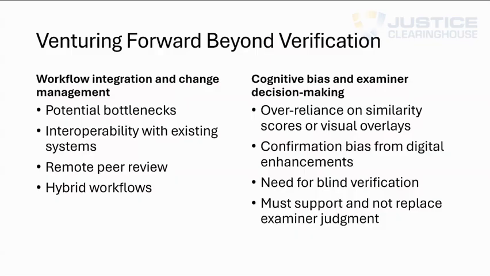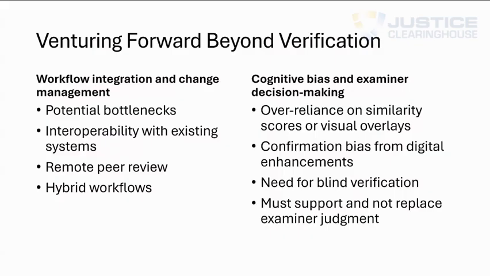There likely will be an increased need for blind verification. Of course, it's going to be easier to manage a blind verification in this case. Not only that, but we would be able to measure repeatability and reproducibility as well. Because when we're doing quality control checks, we can actually change the name of the image. There are lots of different things that we can do to hide the fact that these were pretty much the same images or image sets that the examiner may have looked at 6 months ago.